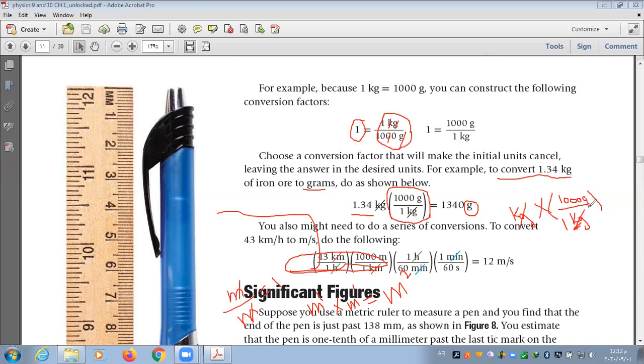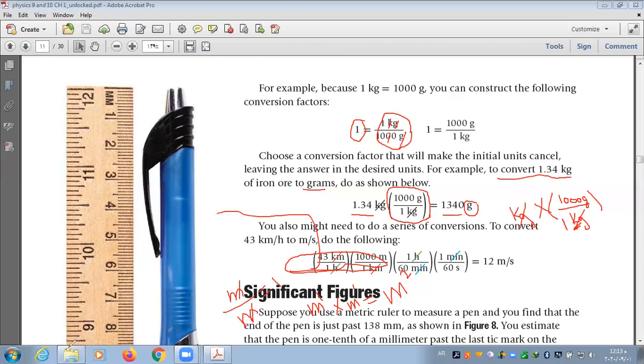So we put up 1000 gram. So we multiply, kilogram is cancelled. So what is the rest here? 1.34 times 1000. It will be 1340 gram. I hope it is clear for all of you. We are just trying to remember together what we talked about last year.